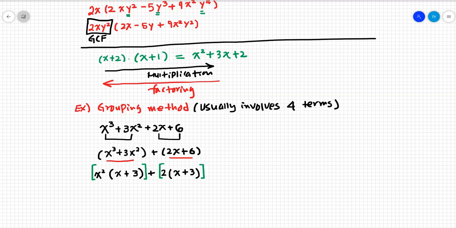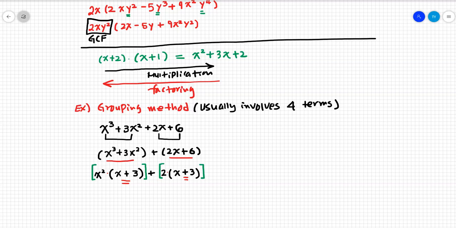Now, within this green bracket, I want you to tell me what the common factor is. Well, for these 2 green brackets, I have x plus 3 here, and I have x plus 3 over there, right? Because they are in terms of multiplications, now I can take them out as my common factor.